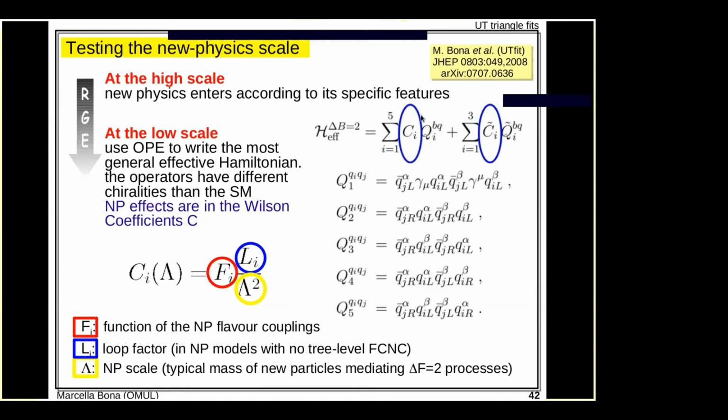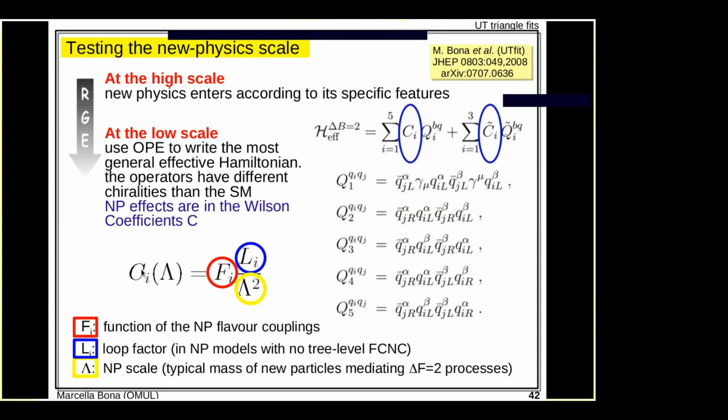And these operators will be weighted with the Wilson coefficients. And what we can do, we can extract these Wilson coefficients from the fit, let's say their probability distribution, of course. And these can be factorized in these terms, where you have the flavour coupling, the loop factor, and the new physics scale.